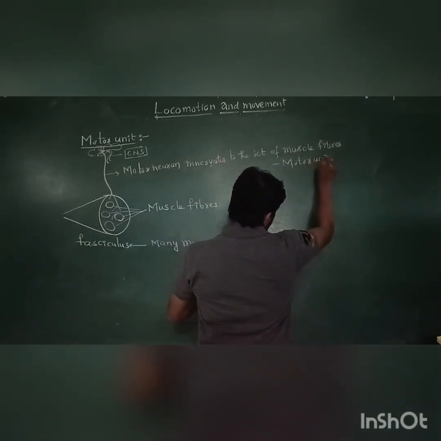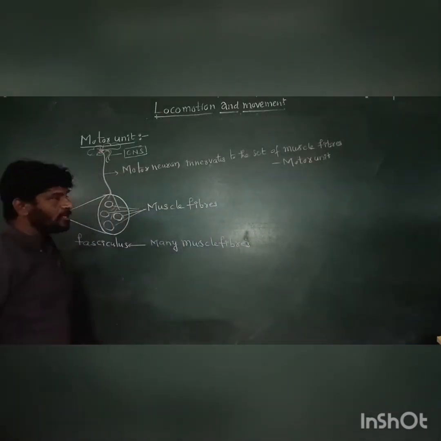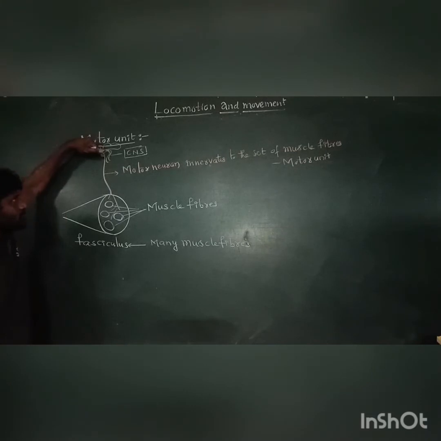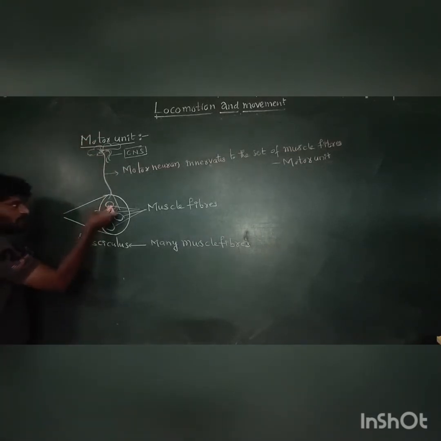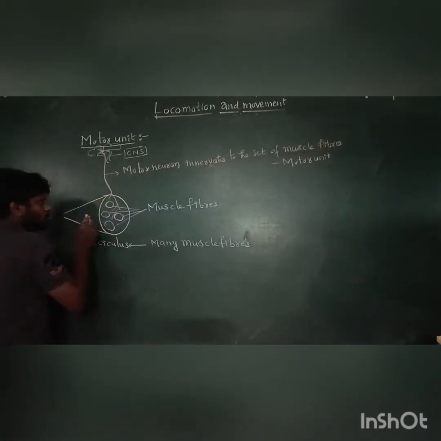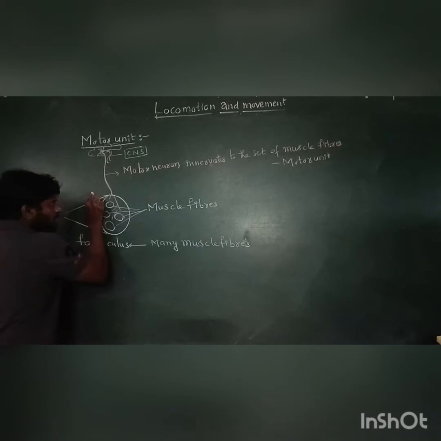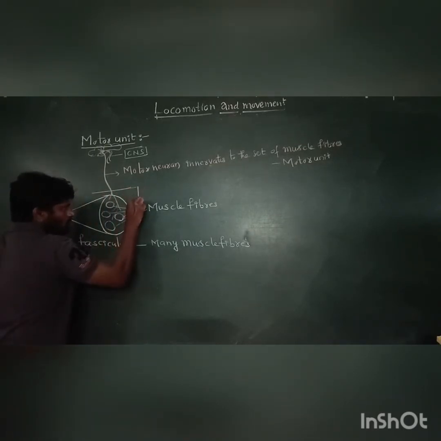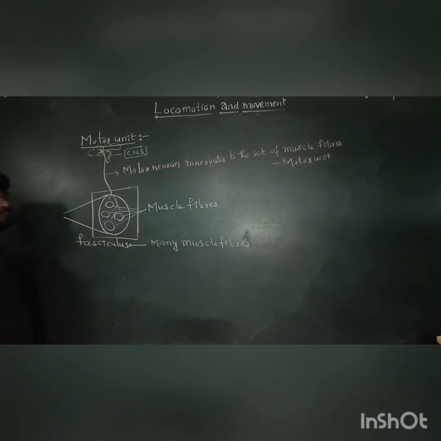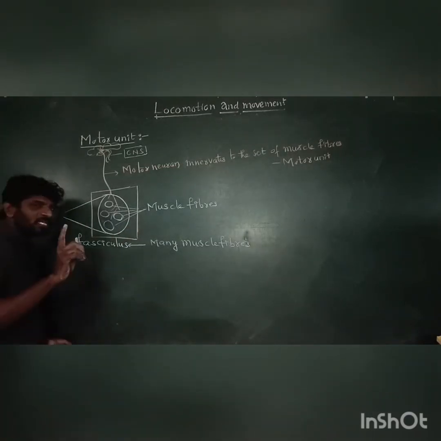This gap is the neuromuscular junction. Therefore, my question is: one motor unit consists of many neuromuscular junctions.